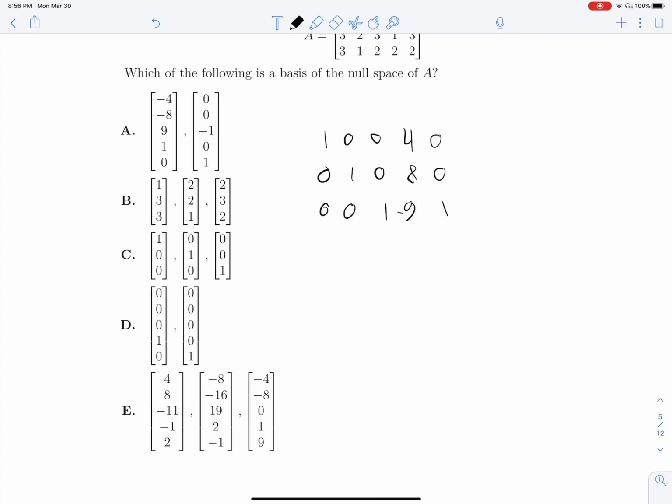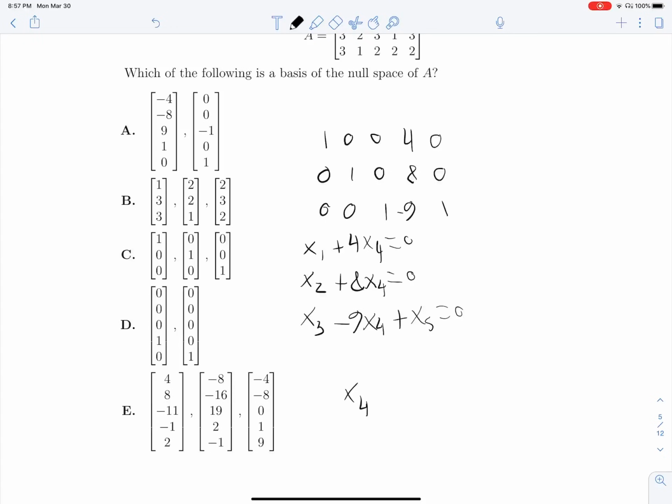So we see that we can express this in terms of our free variables, where x1 plus 4x4 is equal to 0, x2 plus 8x4 is equal to 0, and x3 minus 9x4 plus x5 is equal to 0. So we can express these in terms of two vectors for x4 and x5.